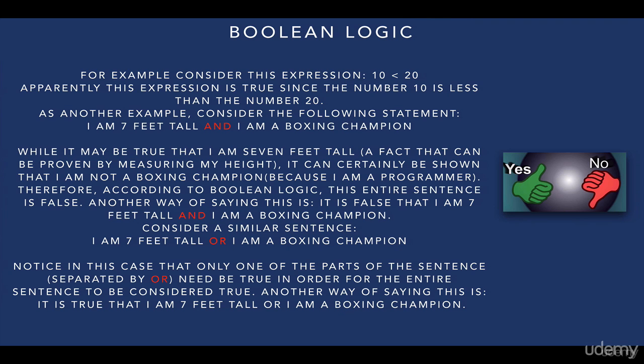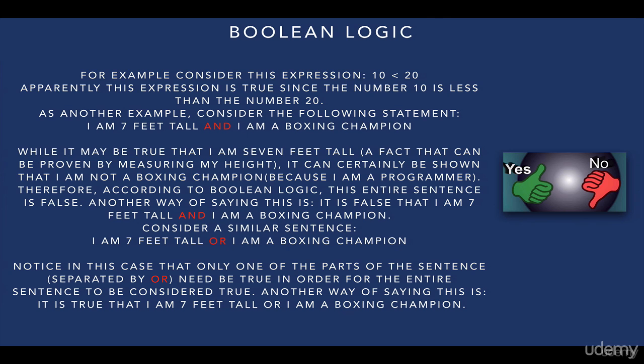Another way of saying this is, it is false that I am 7 feet tall and I am a boxing champion, okay? So let me point out again that when you are using an AND operator, the two parts of the statement must be true. For example, in this example, I am a 7 feet tall person, okay?